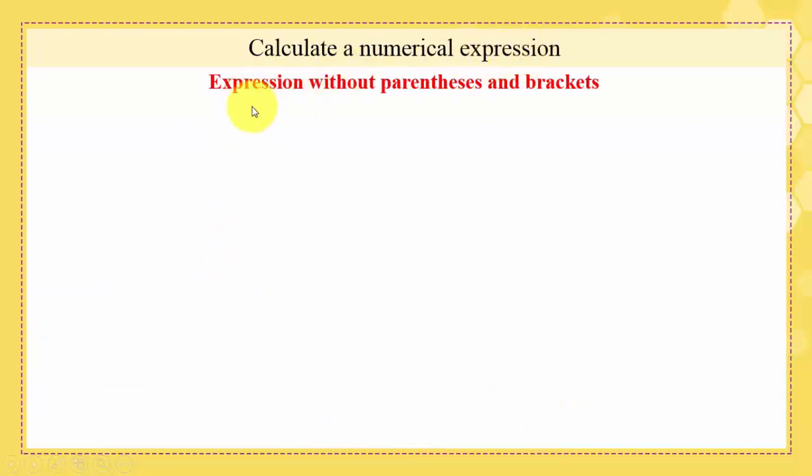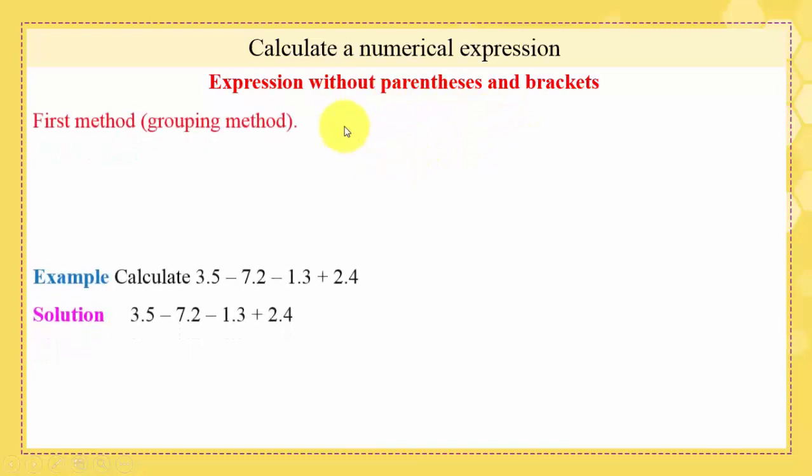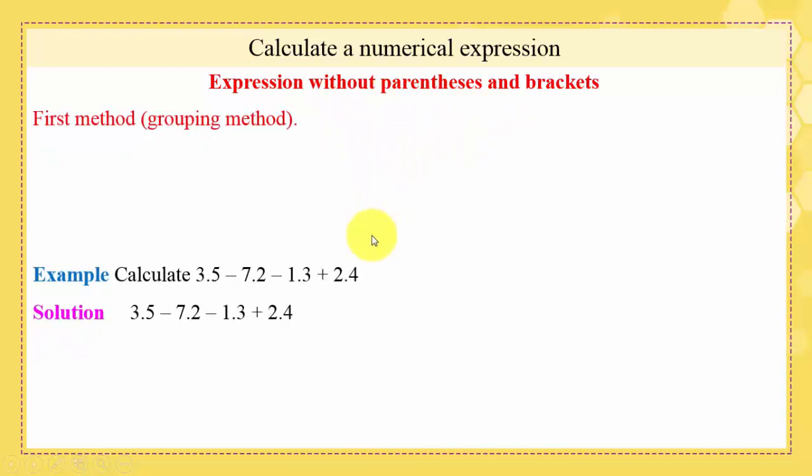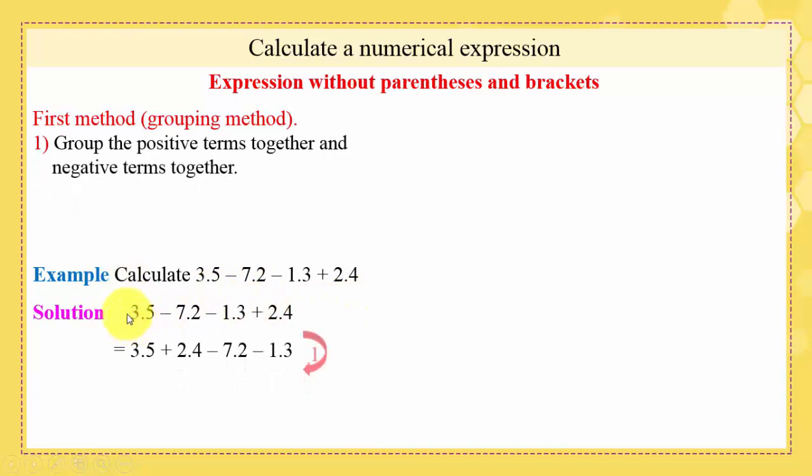Calculate a numerical expression without parentheses and brackets. Now the expressions are without parentheses and brackets. First method, grouping method. Example, calculate this expression. 1. Group the positive terms together and the negative terms together.